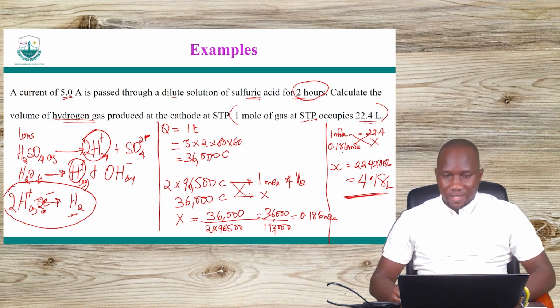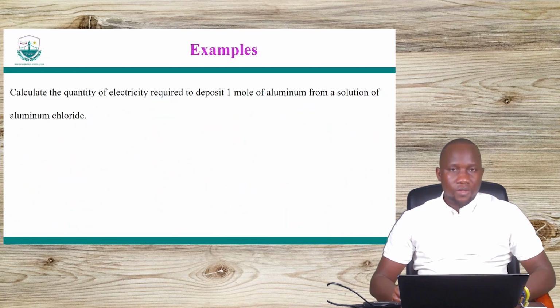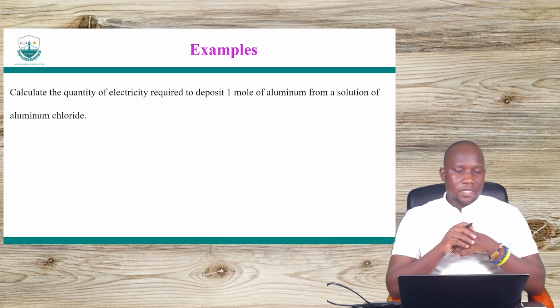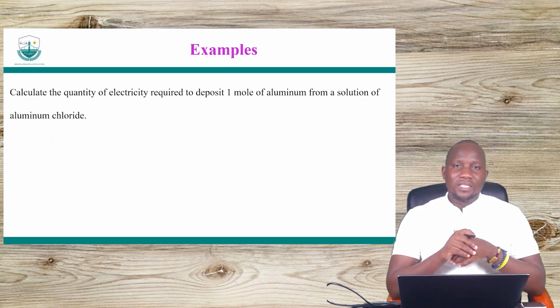I hope that is very clear and straightforward, right? So let's try this also. Calculate the quantity of electricity required to deposit 1 mole of aluminium from a solution of aluminium chloride. Hey, we don't see the current.